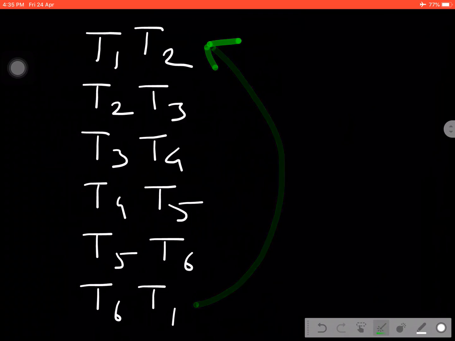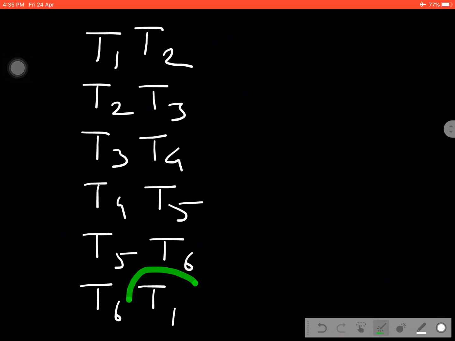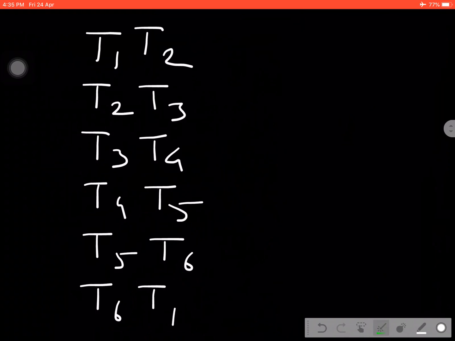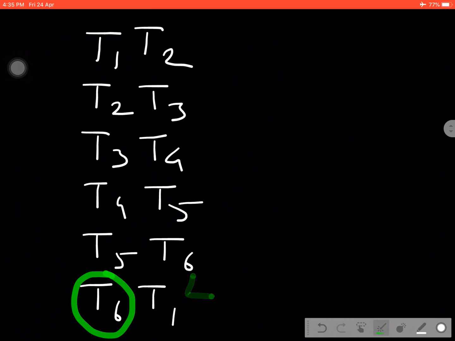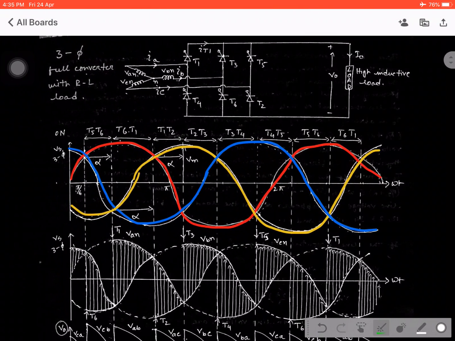Again T1 T2. That means when we are applying the triggering pulse across any switch T1, then the other switch must be in conducting state. Suppose in this particular switching sequence, when we are applying the triggering pulse across the switch T1, then consider T6 was in conducting state. The similar thing we can explain through the circuit diagram and the waveforms.